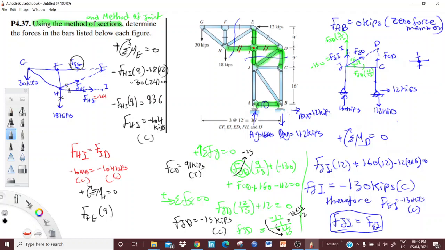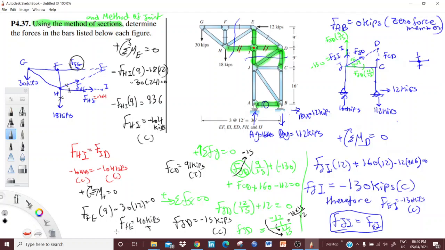At moment h, so have minus 30 times 12 counterclockwise, which equals 0. Therefore Fe is equal to 40 kips tension.